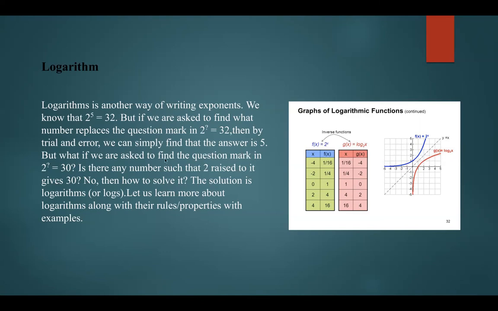But if you are asked to find the question mark in 2^? = 30, is there any number such that 2 raised to it gives 30? Then how do we solve it? The solution is the logarithm. Let's learn more about logarithms, along with the rules and properties, with examples. Let's move to the examples and practice part.